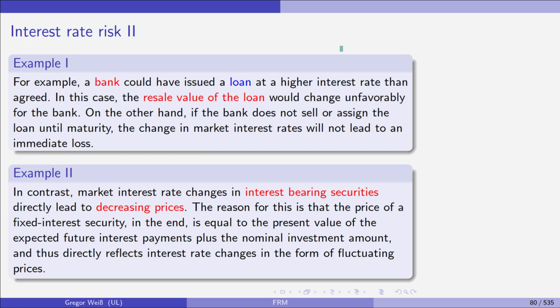So you see that if you have variable interest payments and market interest rates go up, your variable payments, the cash flows you receive, also go up. If, on the other hand, you have fixed interest payments, then the interest rate will have an effect through discounting.